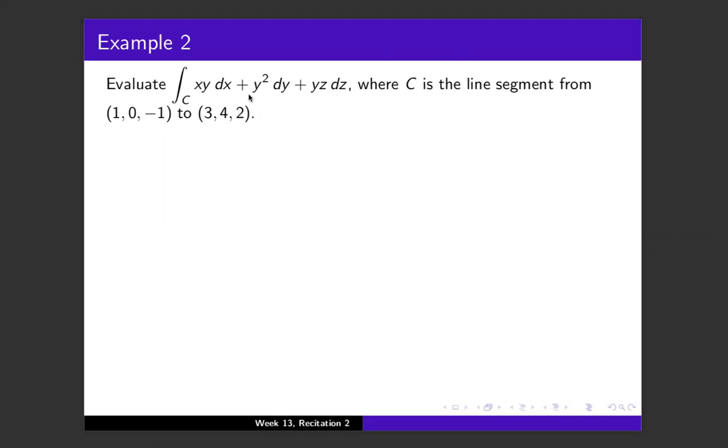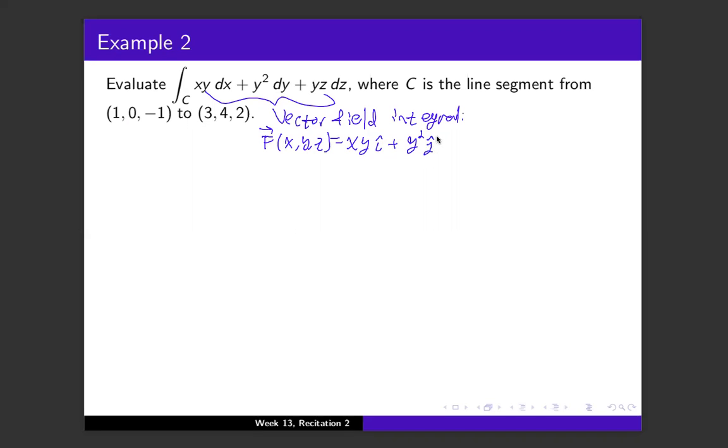This is a kind of vector field integral, where the vector field is F of x, y, z equals xy i plus y squared j plus yz k.